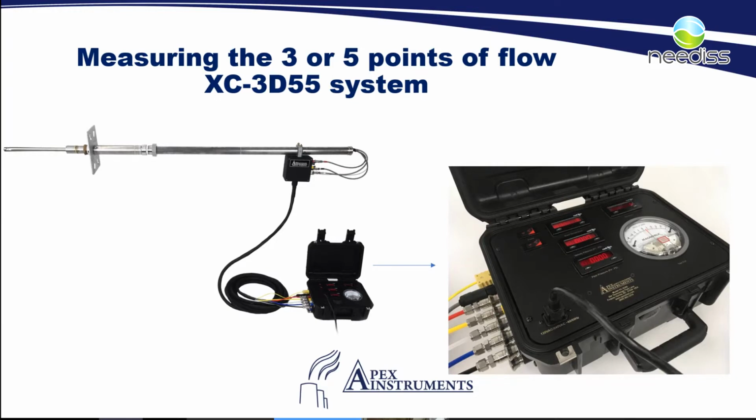Okay. So you can see here on the manual console, we have our red line displays for our pressures on each of those individual impact points on the probe. We have an inlet for our temperature as determined by our regular method 2.